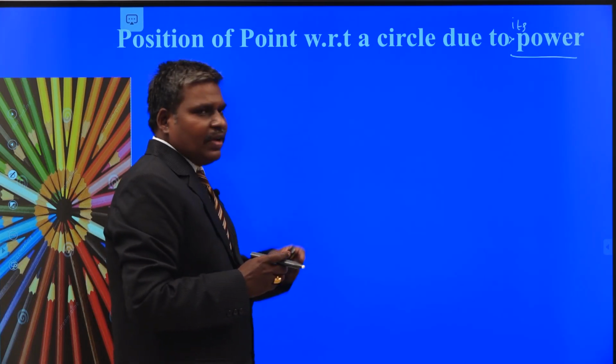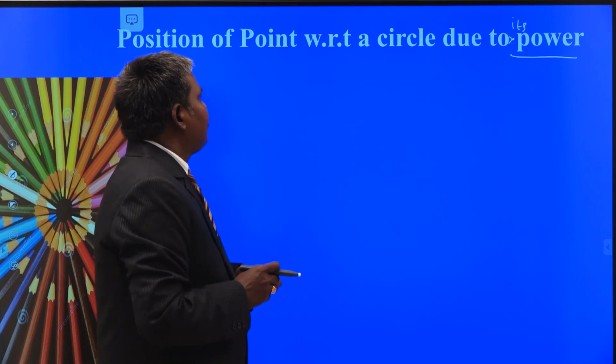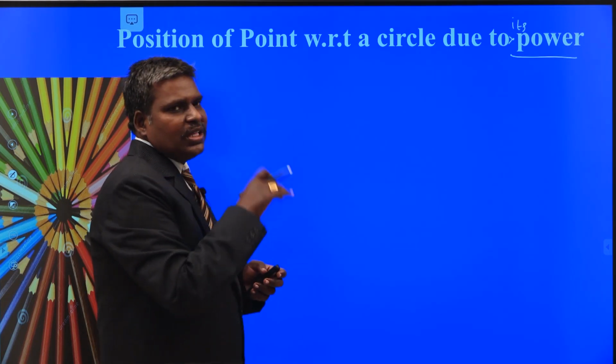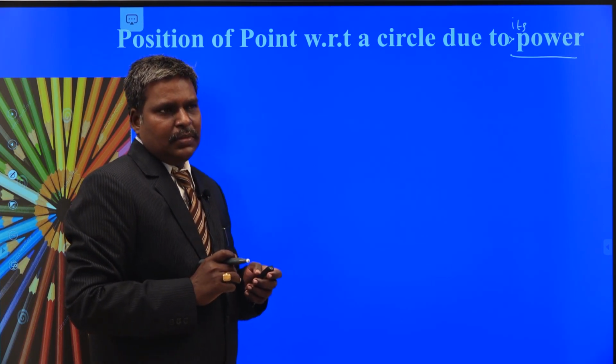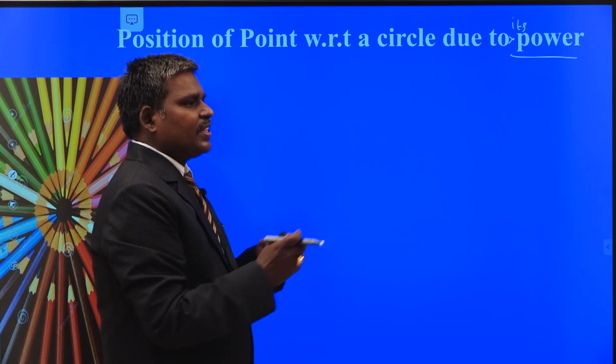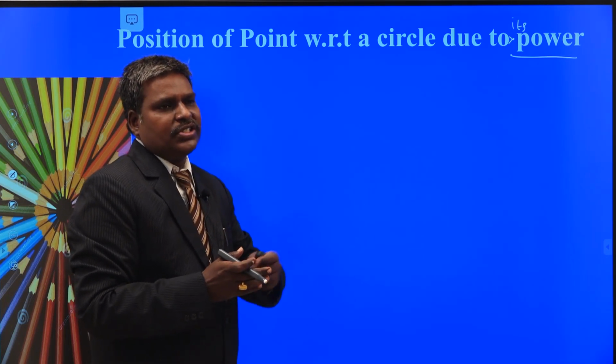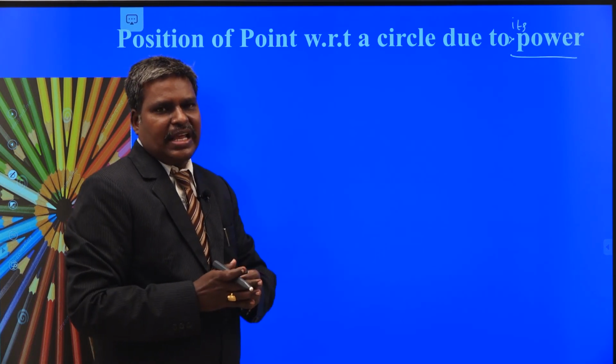After getting the power of P, we can easily say whether it is outside, on, or inside of the circle. No need to bother about center and radius, or finding the distance Cp.